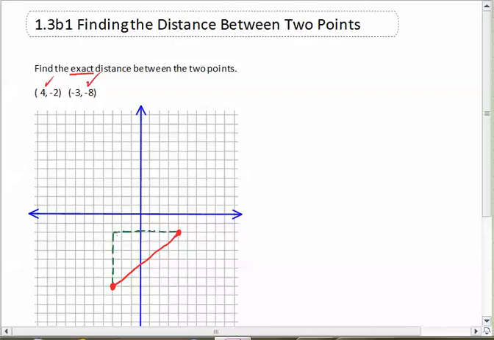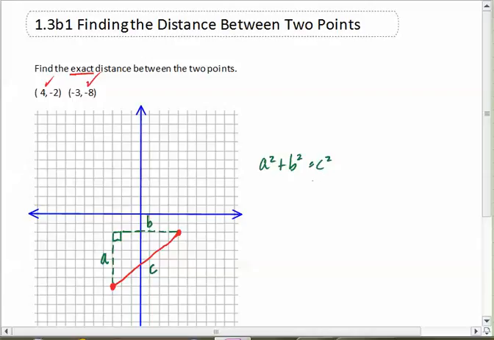If we remember about the Pythagorean theorem using right triangles, if you notice that I've created for myself a little right triangle, and if you remember back to your Algebra 1 days, the Pythagorean theorem says that a squared plus b squared equals c squared, and that just means that a leg, we'll call this one a, squared, plus another leg, we'll call that b squared, has to equal, if it's a right triangle, the hypotenuse squared.